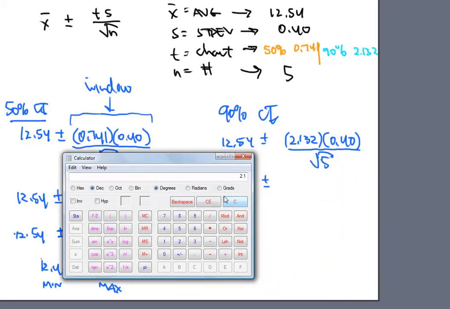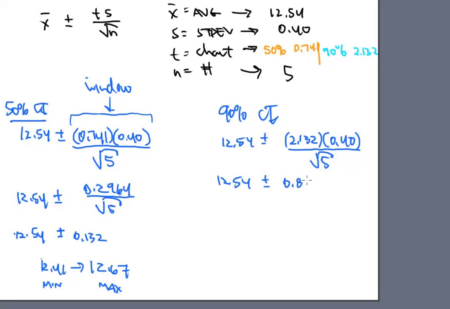2.132 times 0.4 is 0.8528 divided by square root of 5. So 12.54 plus or minus, and let's clean that up over there.